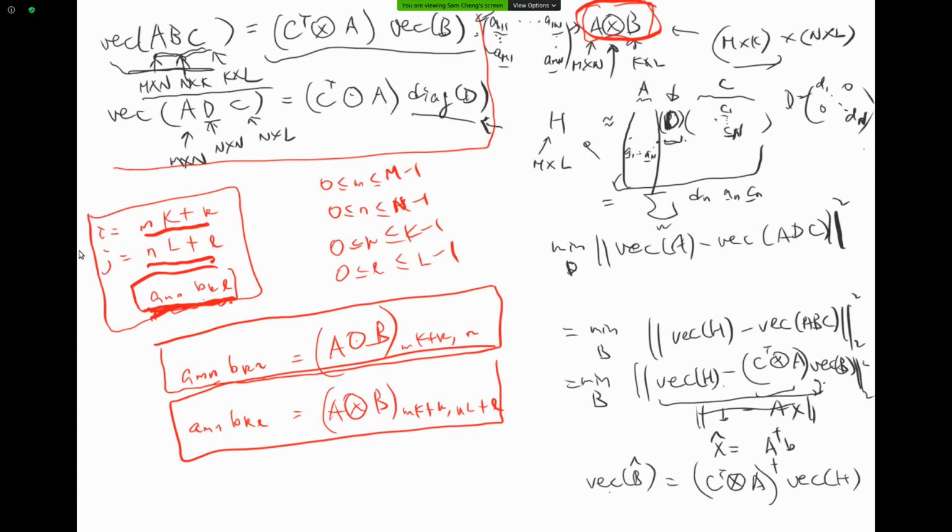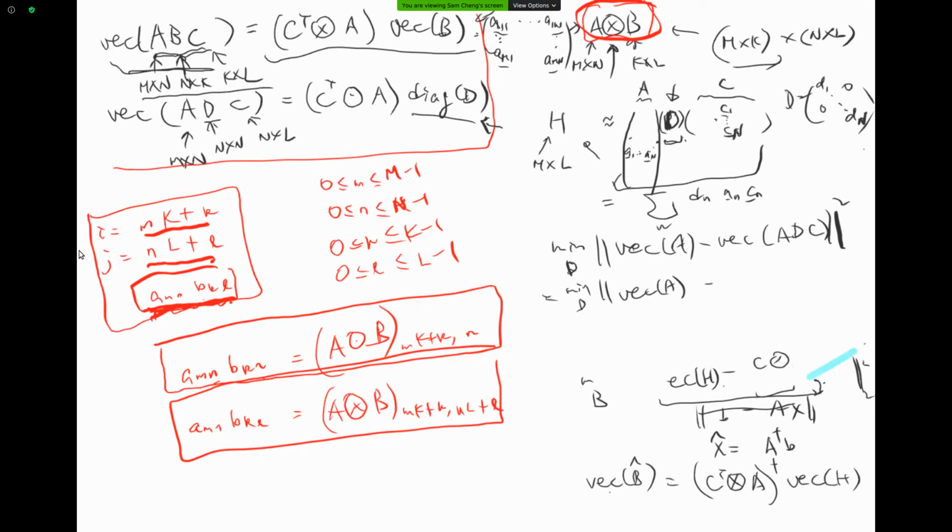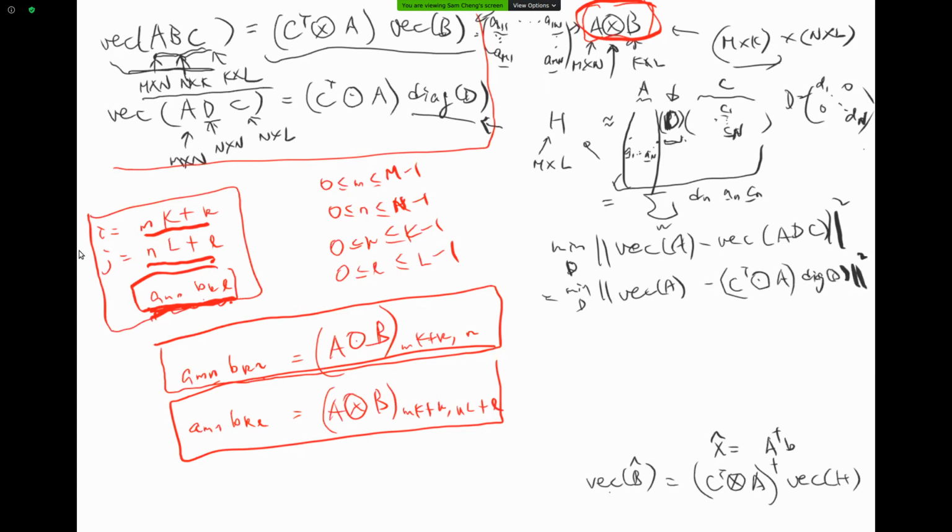Again, we can use that equation here. Let me erase all this first. The vectorization is equal to C transpose Khatri-Rao product A times the diagonal of D. So again, the diagonal value of the optimum D will be equal to this C transpose Khatri-Rao product A, pseudo inverse, times the vectorized version of H. Actually, I want H here.